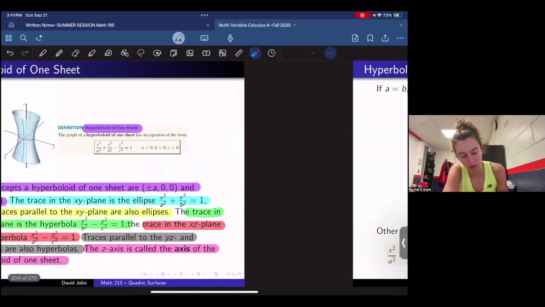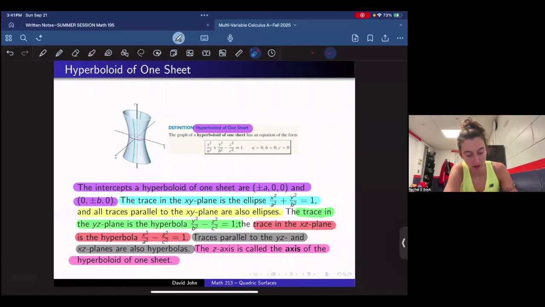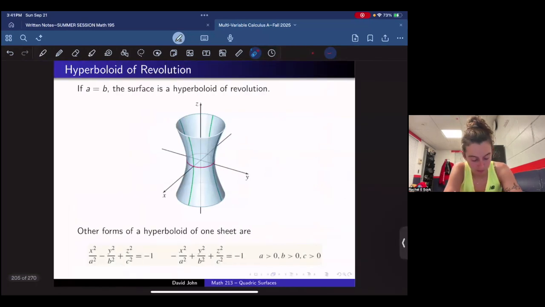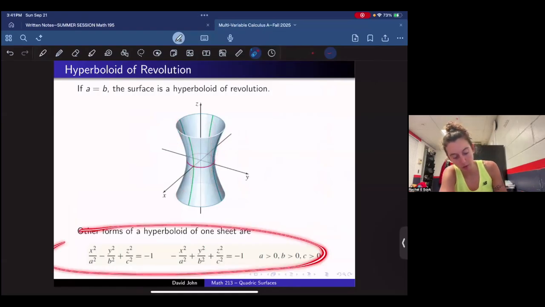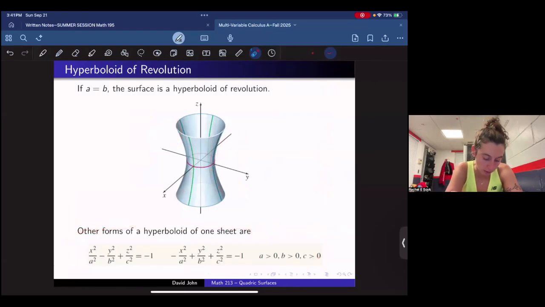Whereas if you notice over here, our base is an ellipse, not a circle. So these are going to be of different, like, I shouldn't say distance, different curvatures. Okay, these are all the same. And these are other forms of a hyperboloid of one sheet.